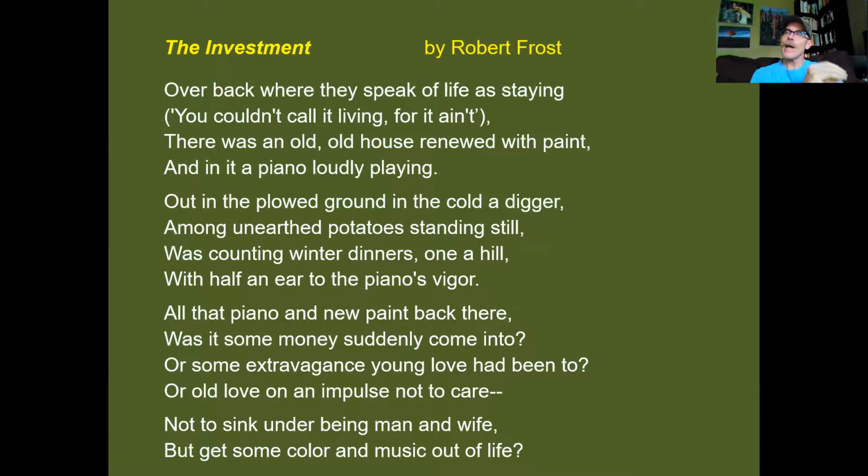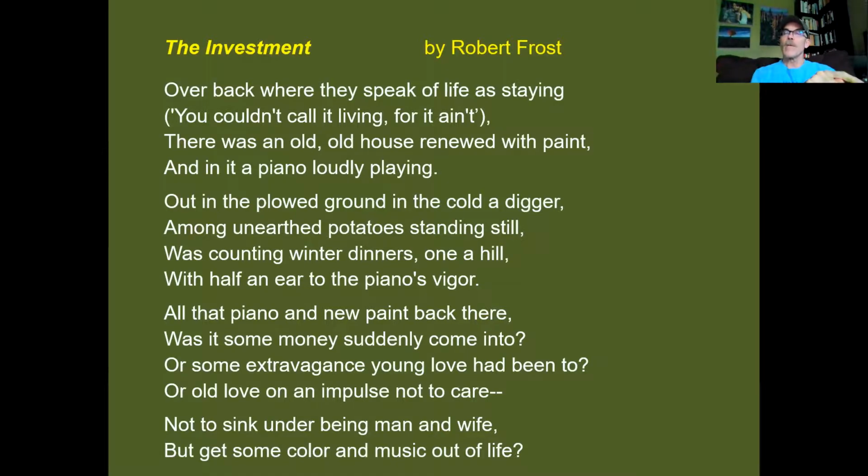But no, look how Frost sort of doles out that line for us, and we get these marvelous surprises. So he's standing in the cold because he's been digging in the ground, unearthing potatoes. This is sort of hearkening back to Robert Frost's roots, if you will, in Ireland. Potato famine that brought his family and others like his family to the United States. So how impoverished are they?